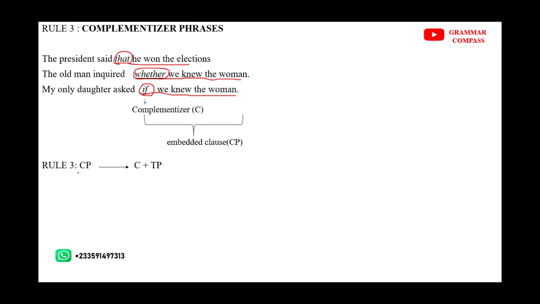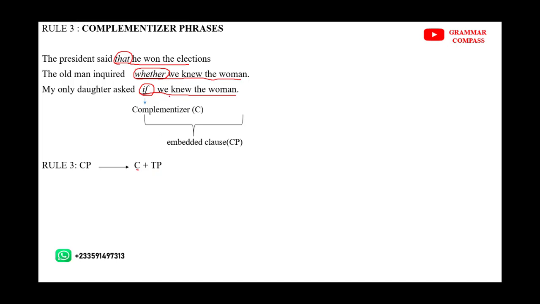Let us talk about rule number 3 for tense phrases. That is when a complementizer phrase is involved. A CP. CP stands for complementizer phrase. So a complementizer phrase consists of a complementizer, that is C, plus a tense phrase, that is a whole sentence.